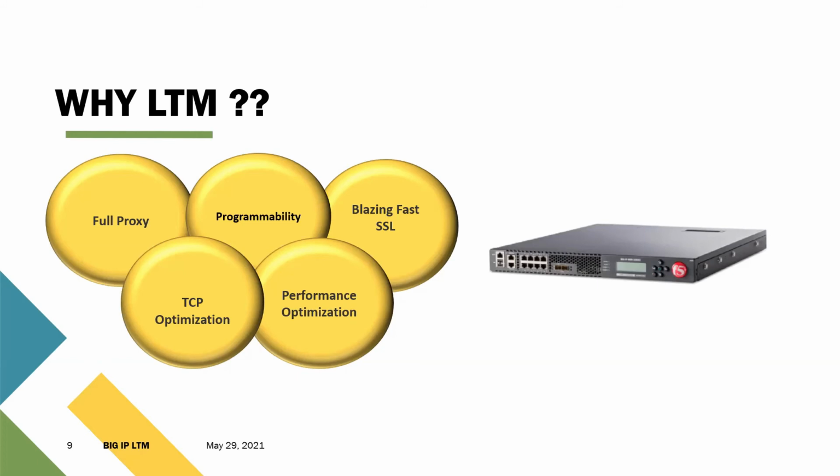As I mentioned in my initial slides, all the hardware platforms come with their dedicated SSL hardware modules within the actual hardware. There's a dedicated memory for that, dedicated provision for that. So that makes that SSL offloading very fast.